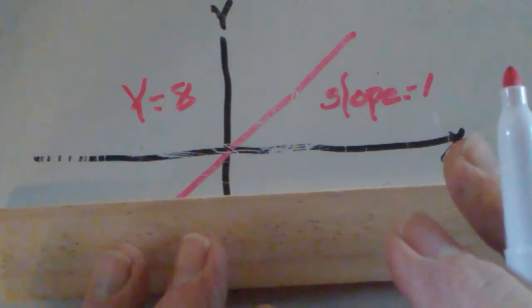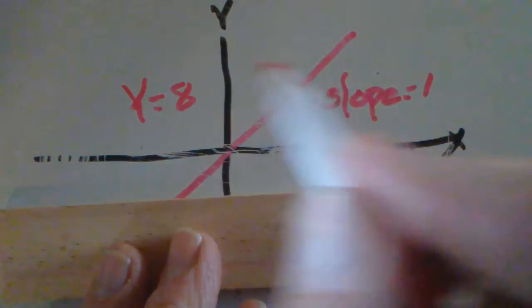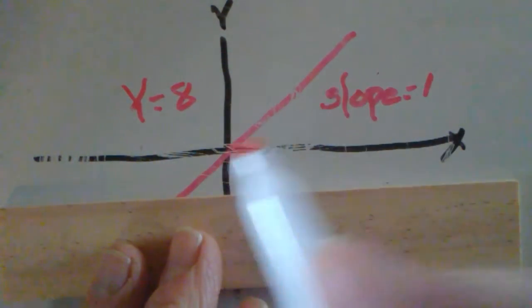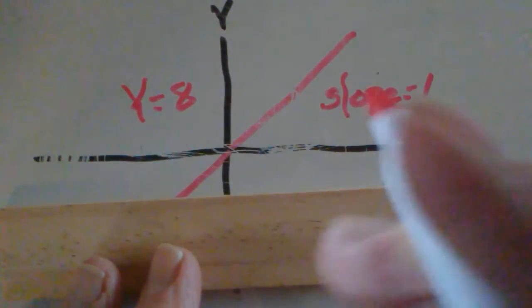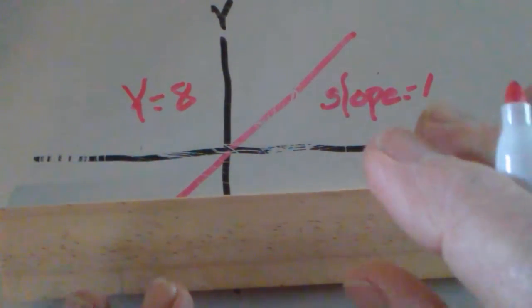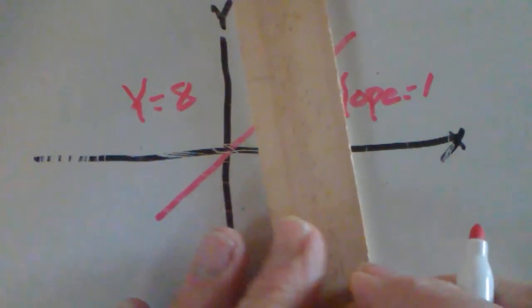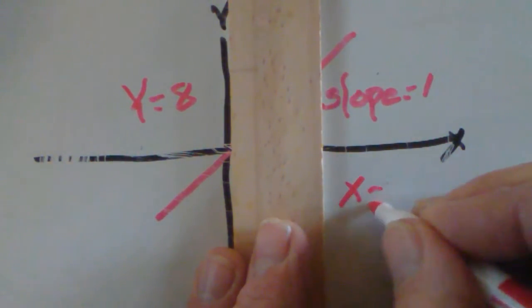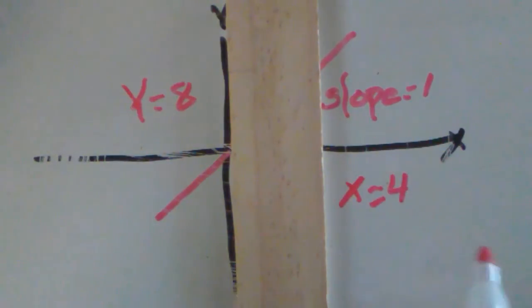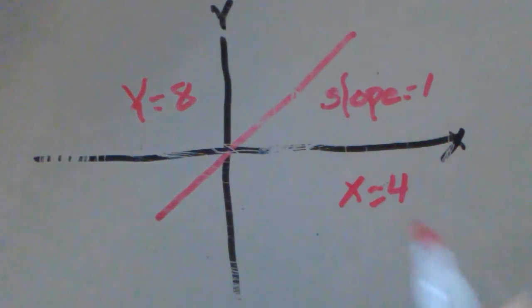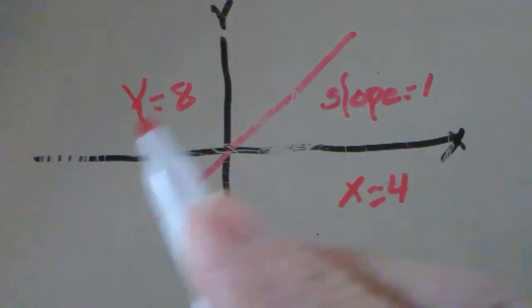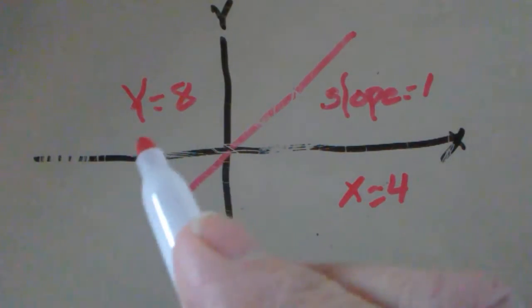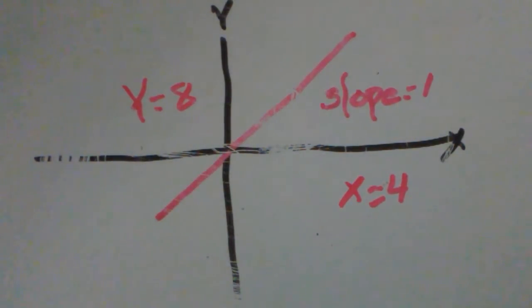That would be y equals 8, a line right through the 8. Any horizontal line would be written y equals. Any vertical line, like this, that is undefined, would be x equals 4. That's a vertical line. So this one produces a horizontal line and this one produces a vertical line.